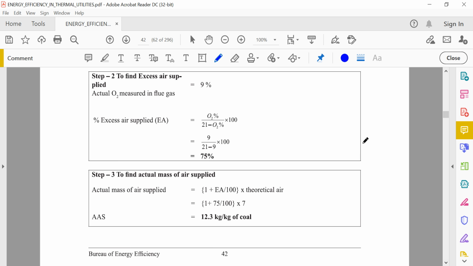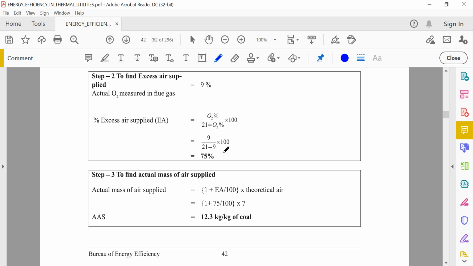Now that excess air should be controlled. Basically, in case of furnace oil, it should not be more than 2 to 3%. However, if it is more than 2 to 3%, this means the losses will be there in the flue gas, and the flue gas is basically the major cause of losses. Now here we have given that oxygen in flue gas is 9%, and to calculate the excess air quantity, the formula is value of oxygen in flue gas divided by 21 minus O2 value in flue gas.